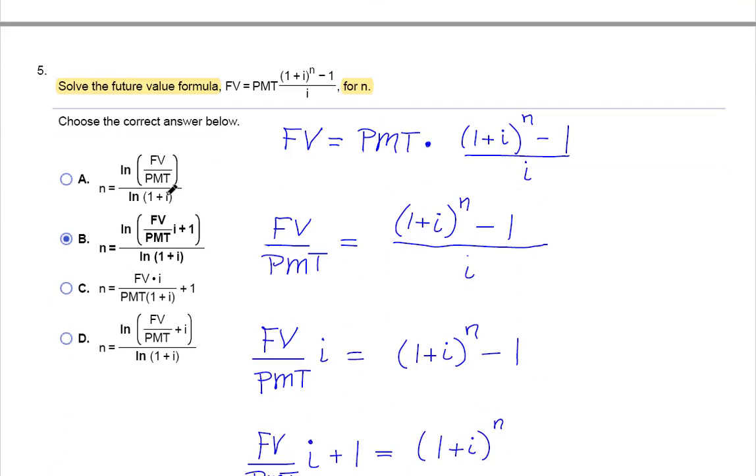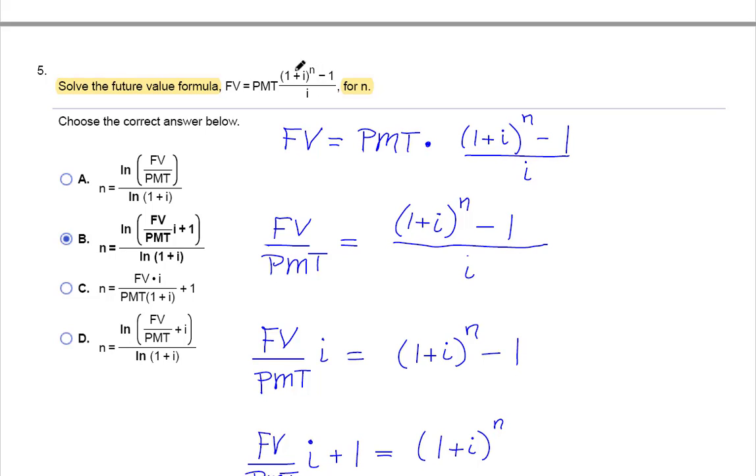All right, question 5. We want to solve for the future value formula. I want to take this formula and I want to get n. Now that's way in here as an exponent. Now if you remember, the way we get our hands on exponents is we use the natural log.